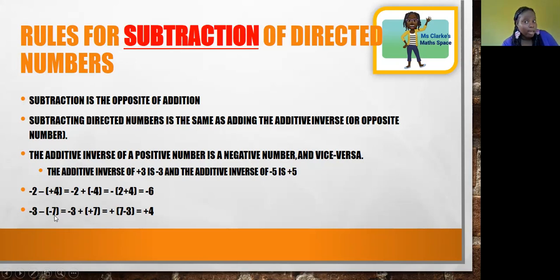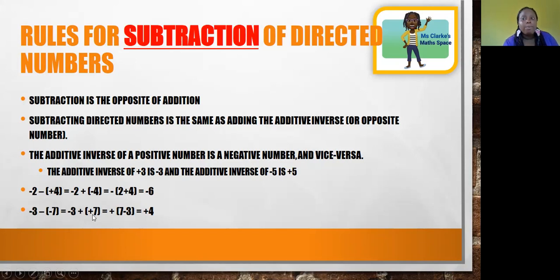The opposite of taking away 7 is adding 7. So we now have plus 7. And now we have negative 3 take away negative 7 being equal to negative 3 plus positive 7.